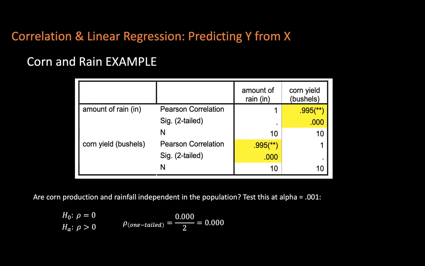So the p-value for a one-tailed test is 0.000 divided by 2, because they give us the significance level for a two-tailed test, as you can see here. But it's still 0, so we are good there.